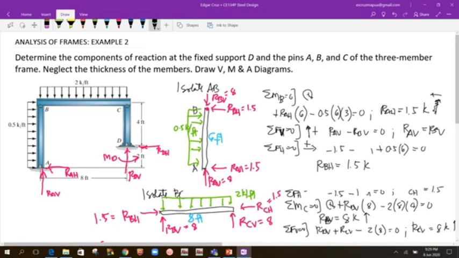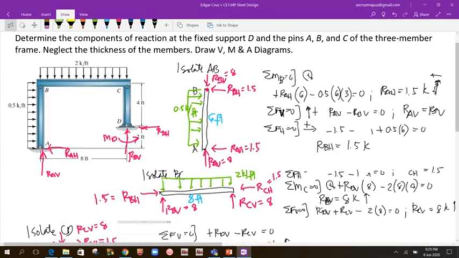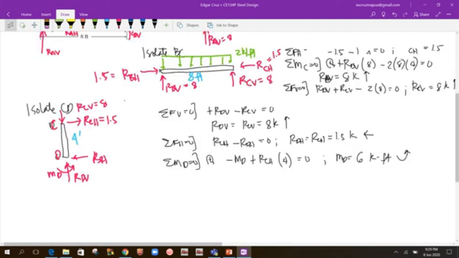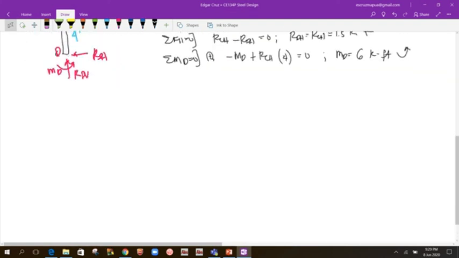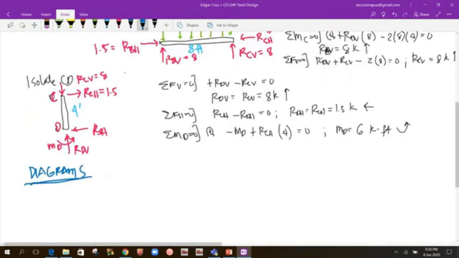For AB, let's have here the diagrams. Let's say member AB.